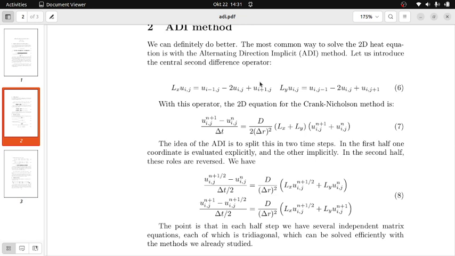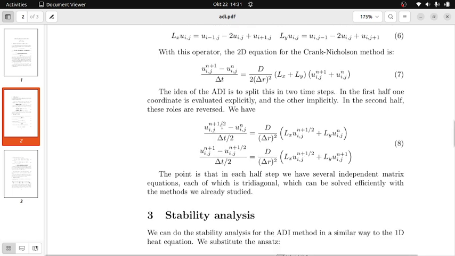Cool. But the idea of the ADI is, instead of going to this time step delta t directly, we do it in two halves. And in the first half, when we go to n plus half, we evaluate one of the coordinates explicitly and the other implicitly.